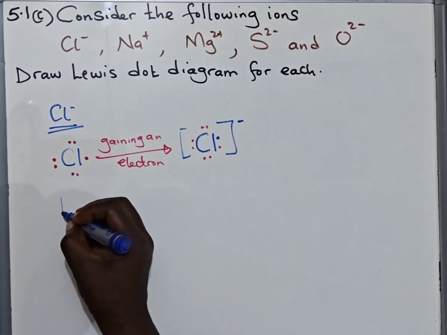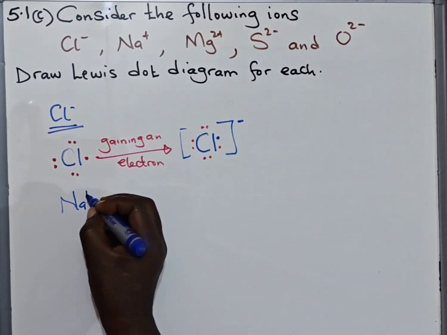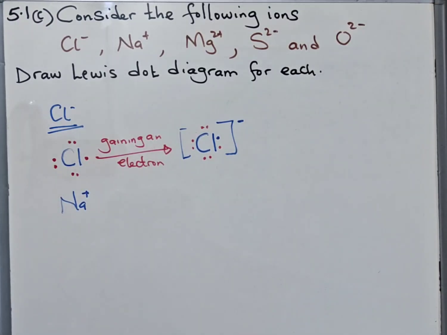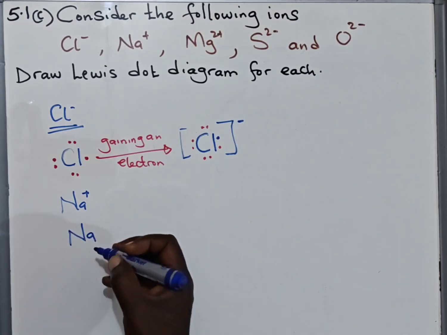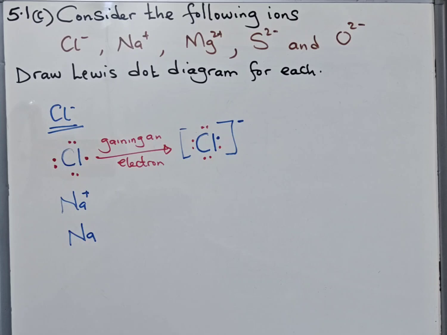Next is sodium ion. How do you approach this one? For a start, what you do is to present the Lewis dot diagram of sodium atom. And sodium belongs to group 1.